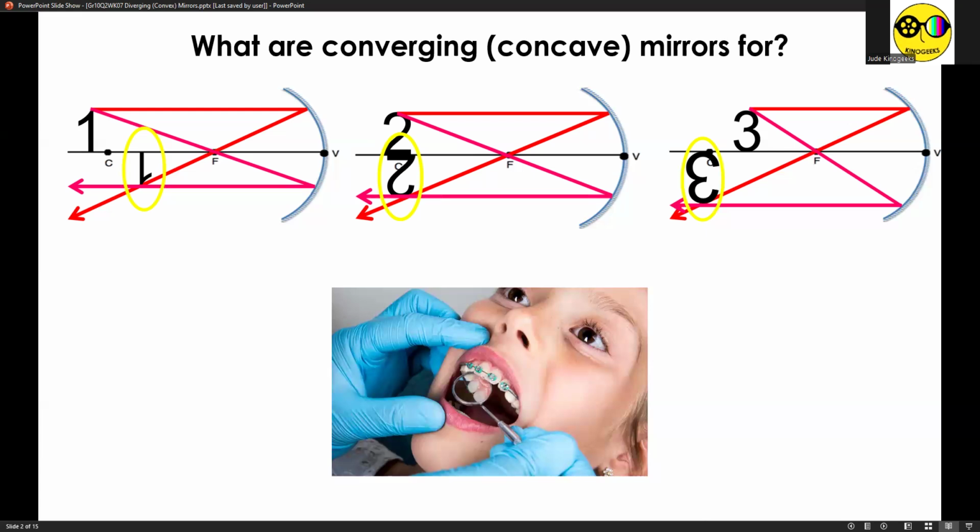So I researched for various tools or gadgets that can be relatable, especially to you, my students. And the only thing that I can find that is also easy to explain is the dental mirror.